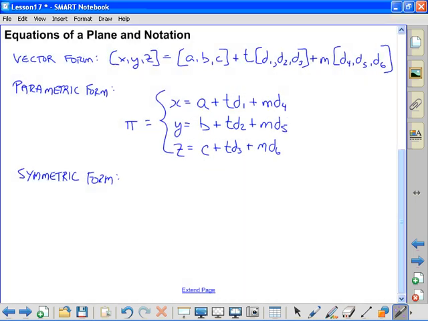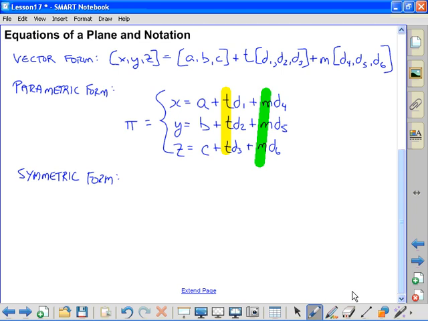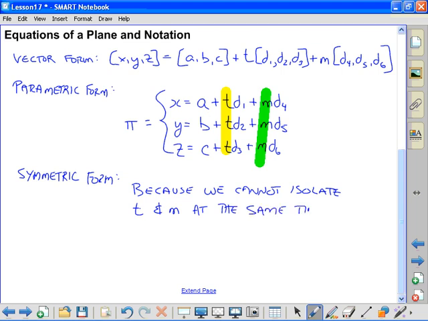So we need to ask ourselves, is it possible to solve these equations for t and m? And the answer is no, because we can't isolate t and m at the same time. No symmetric form exists.